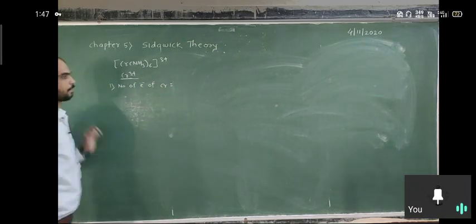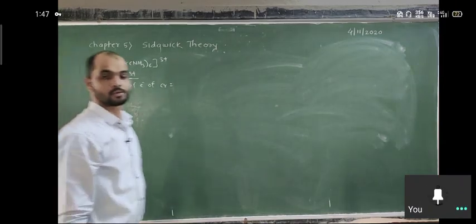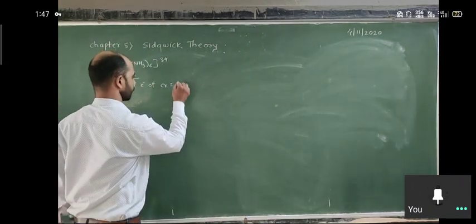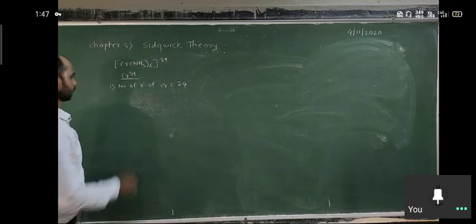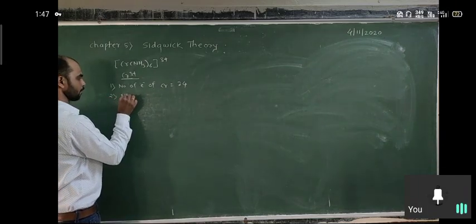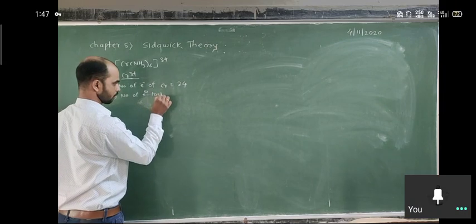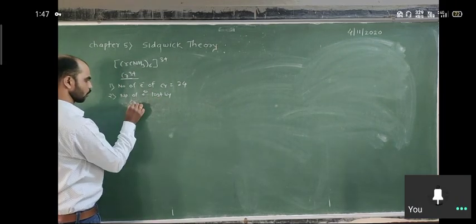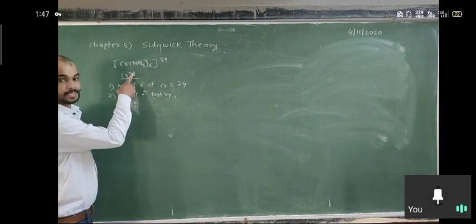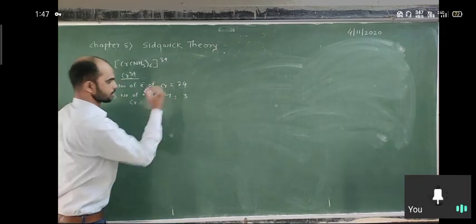What is the atomic number of Cr? 24. Second point, number of electrons lost by Cr, chromium. The oxidation state is 3, which means 3 electrons are lost.